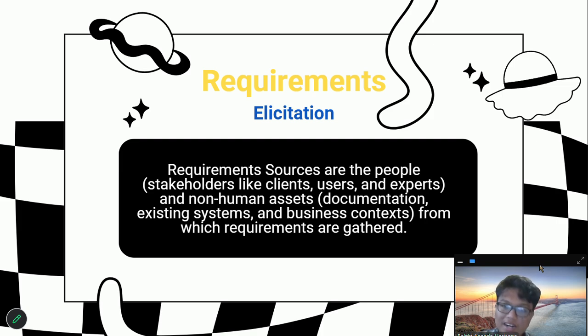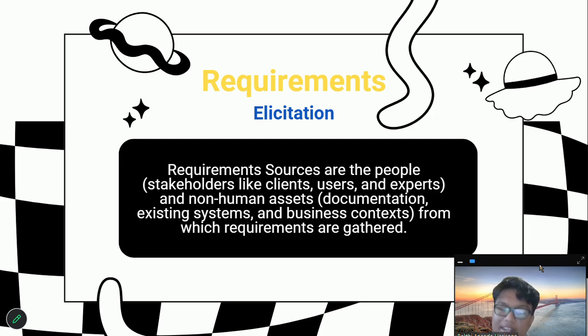Requirements sources are people. So we get the requirements from sources, and the sources are people such as stakeholders, like clients, users, or experts in the field, and non-human assets such as documentation, existing systems, and business context from which the requirements are gathered.